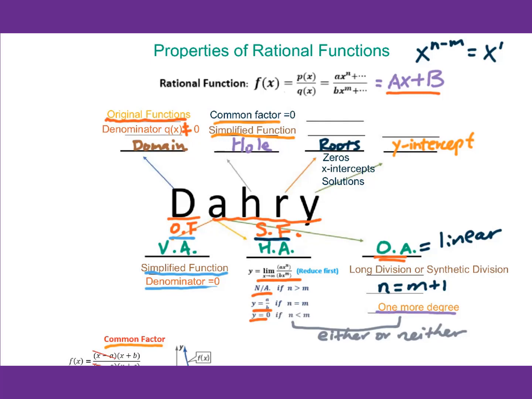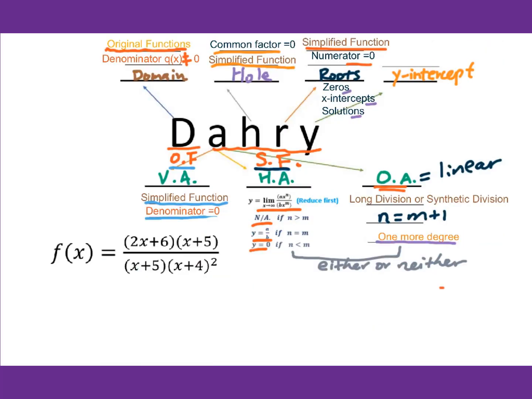Let's talk about roots. We have another three terms to describe roots: zeros, x-intercepts, and solutions. How do you figure out the roots? Make sure it's a simplified function and make the numerator equal to 0. For example, what are the roots for this rational function? First of all, you have to reduce.